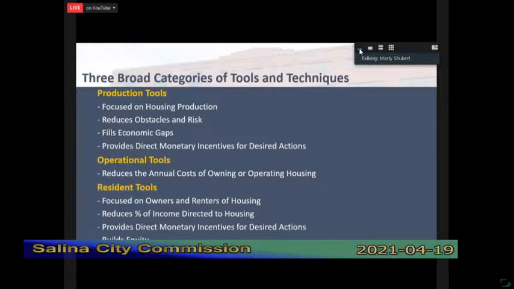So production tools, that first category, is again focused on housing production. Its primary purpose is to reduce obstacles and risk to building stuff. It fills economic gaps, that is the gap between the replacement and market value of a project. And in most cases, it provides direct monetary incentives for desired action, aimed at giving people positive encouragement.